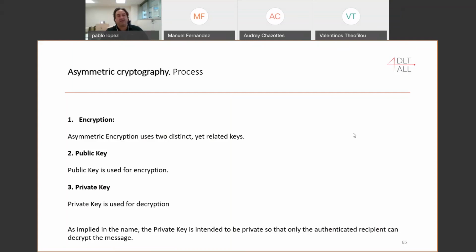If you forget it, lose it, or don't have this private key with you, you cannot access your currencies. There is a common meme that says if you don't own your keys, you don't own your currencies. So this private key is the one that you must keep safe with you.